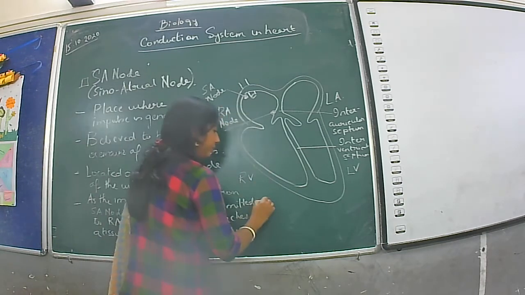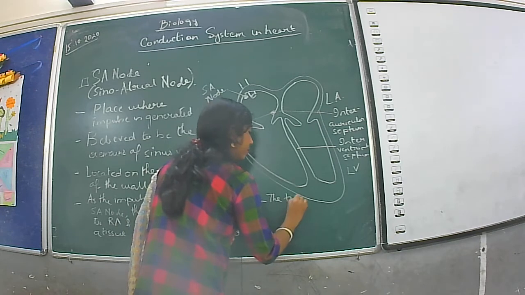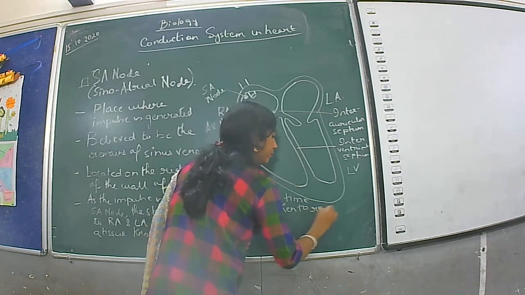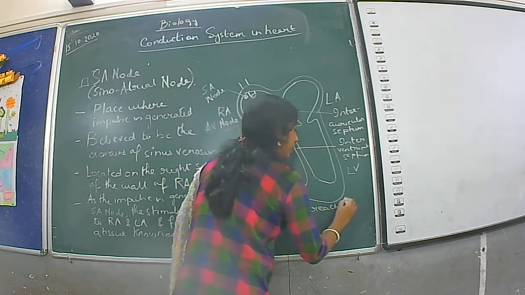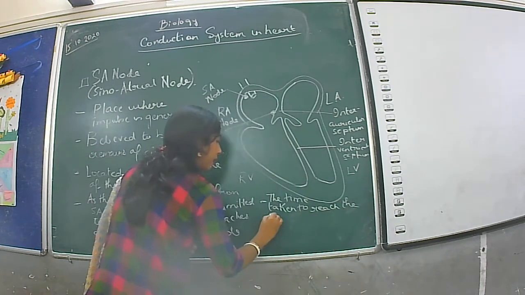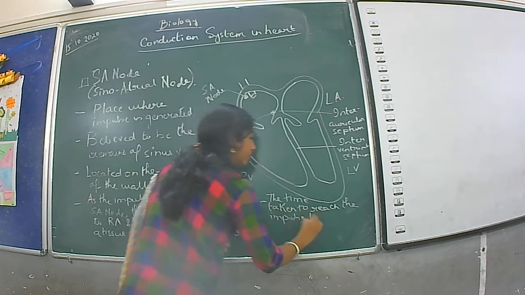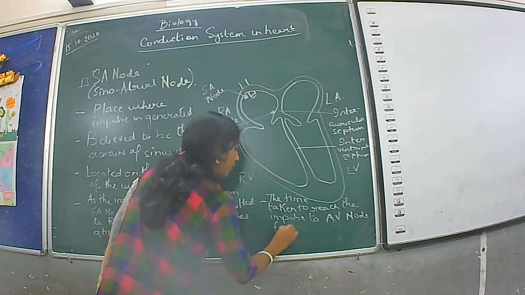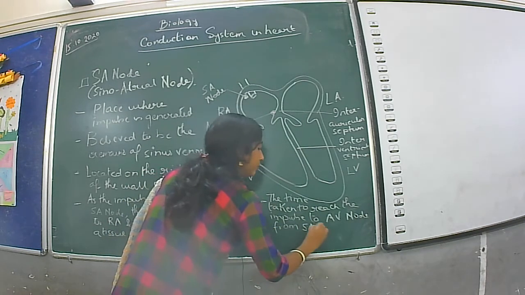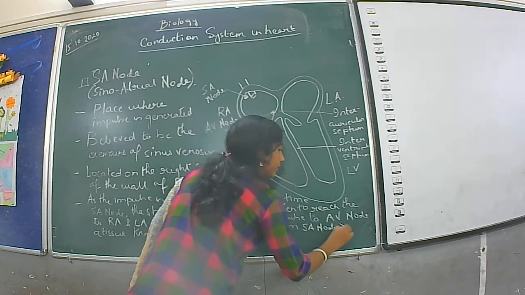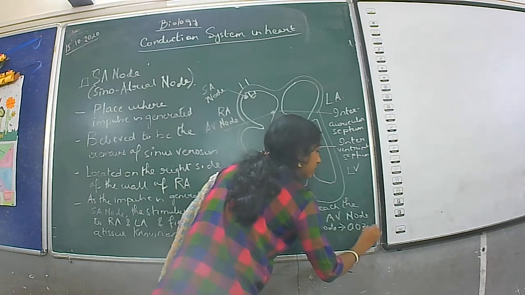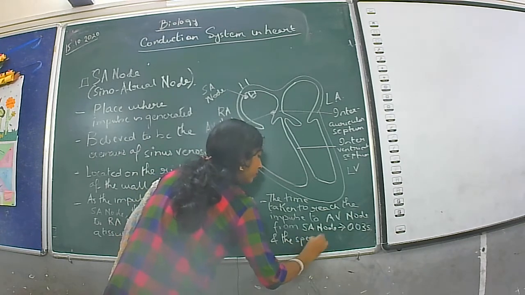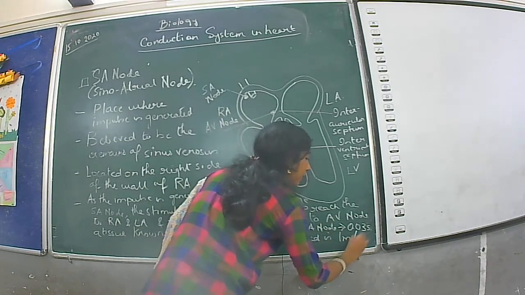The time taken to reach the impulse to AV node from SA node is 0.03 seconds, and the speed is 1 meter per second.